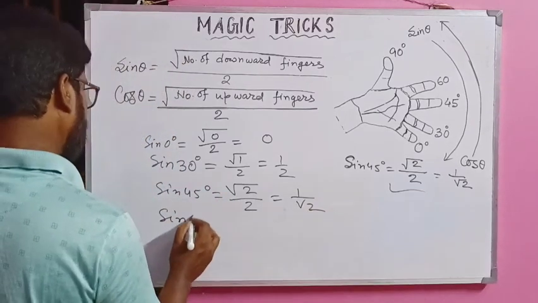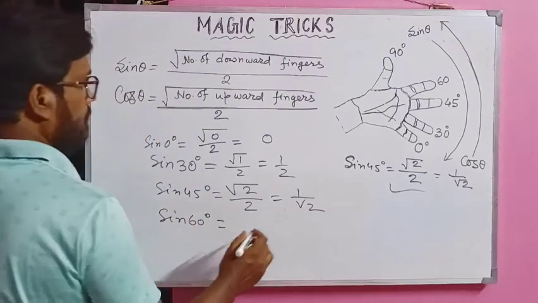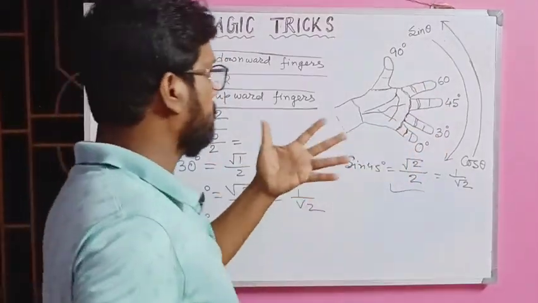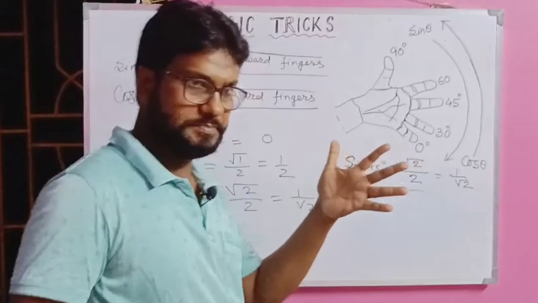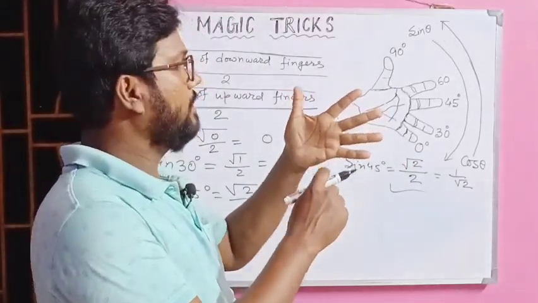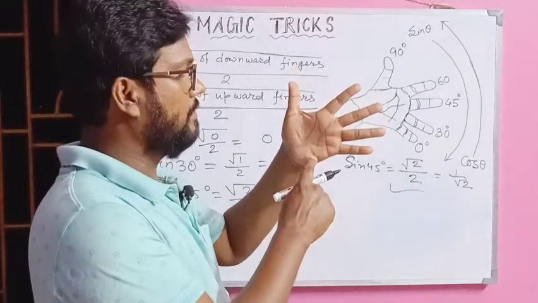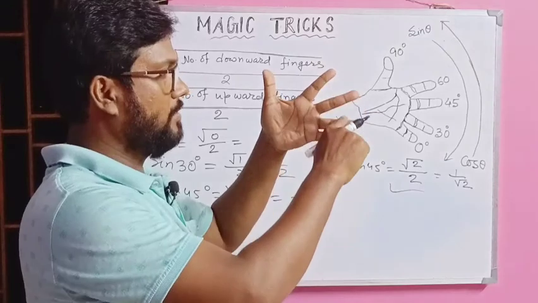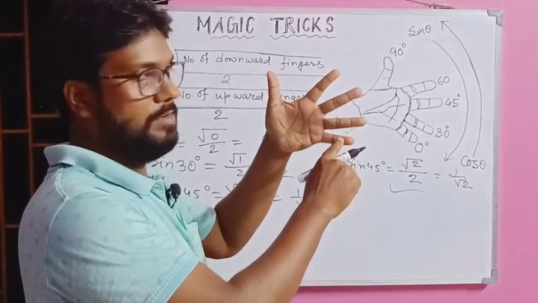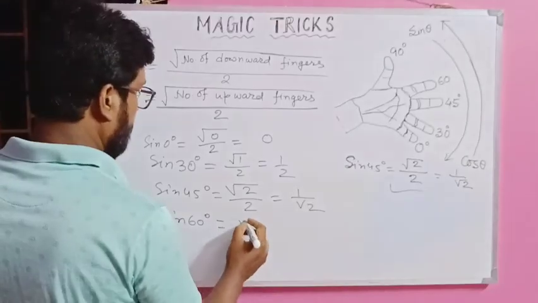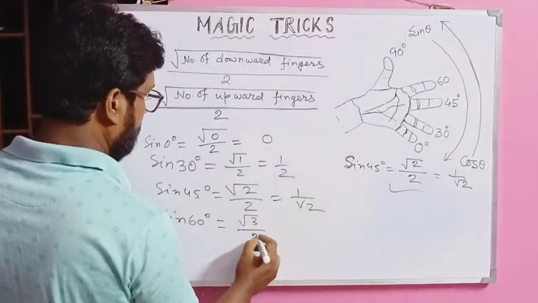Sin 60 degrees equals, when 60 degrees, 1, 2, 3 fingers left. We also count the fingers on our own left hand. This is 60 degrees, 1, 2, 3 fingers are left in the downward direction, therefore the value will be root 3 by 2.